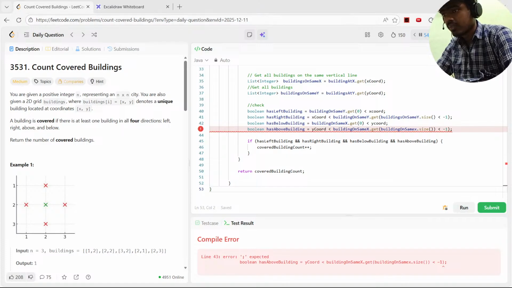As above building, right? As above building y coordinate and building on same x, not buildings.